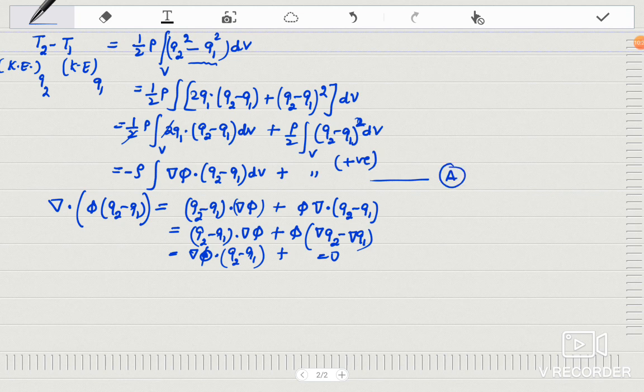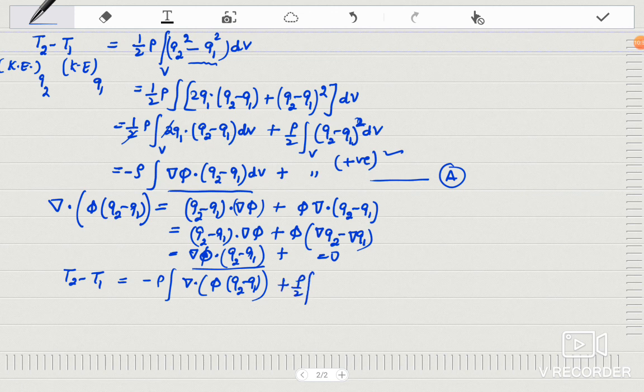So T2 minus T1 is equal to minus rho times the integral of delta dot (phi (q2 minus q1)) dV, plus one positive term, which is rho by 2 times the integral of (q2 minus q1) square dV. Again, these are volume integrals.